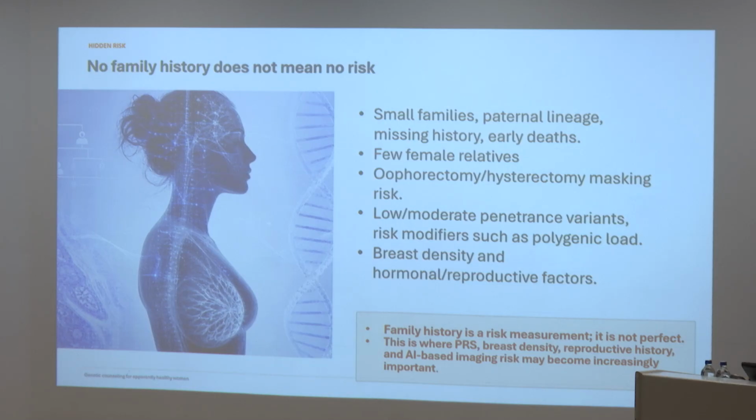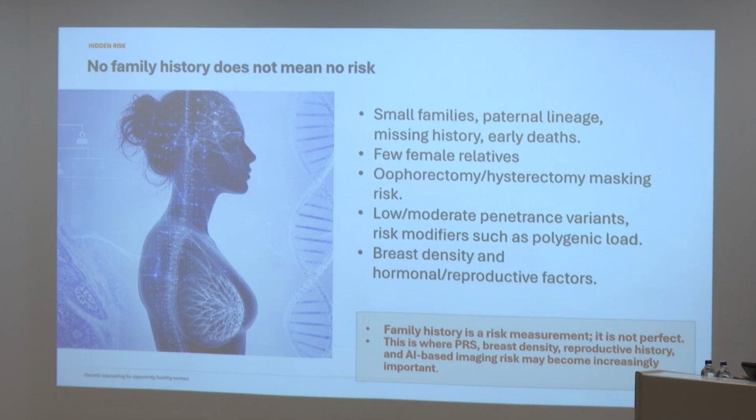There might be some low and moderate penetrance variants like polygenic load, polygenic risk scores, and there might be breast phenotype risks underlying the family history. So it's of course a risk measurement, but it is not perfect.